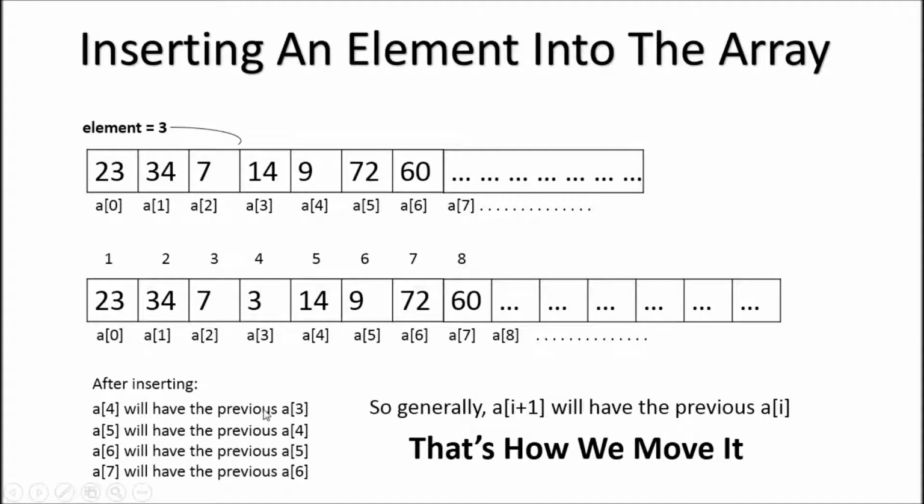So a of 4 in the resulting array will have the previous a of 3 right here. That's what happens when we move all the elements, the element here to here, the element here to here. So generally a of i plus 1 will have the previous a of i. For example, if the value of i is 4, this will evaluate to a of 5, and that will have the previous a of 4 according to the second line that we concluded here.